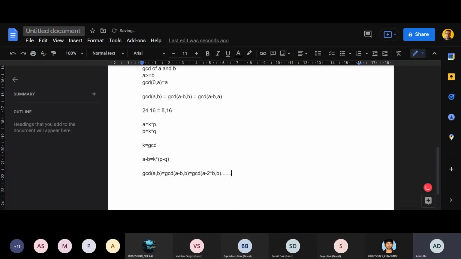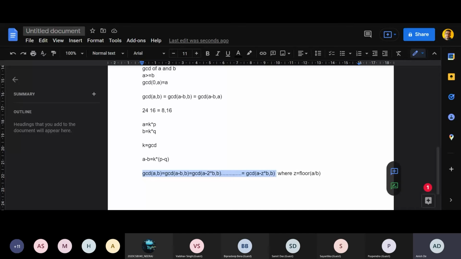And this will go on like this, GCD of A minus Z into B comma B, where Z is A by B, the floor value. So this equation is clear to everyone? Yes or no? Like how this one came.